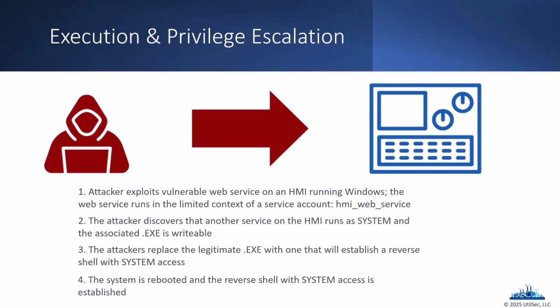So when we talk about, again, execution or privilege escalation, here's an example. Let's say, as a pen tester, we're in a test environment, and we find an HMI, and that HMI is running on Windows. Remember, that HMI, in this case, is running on Windows as a web service, right?